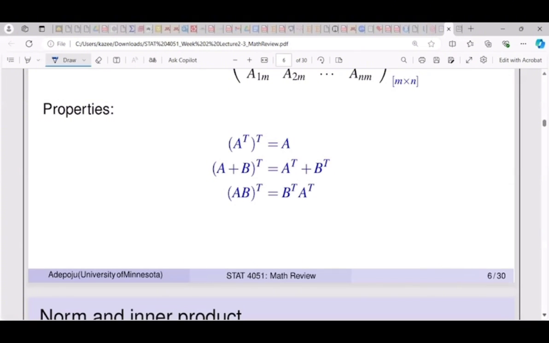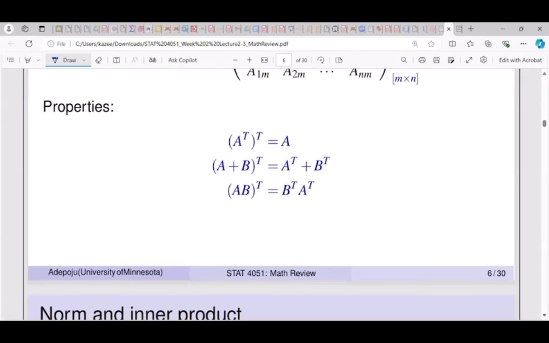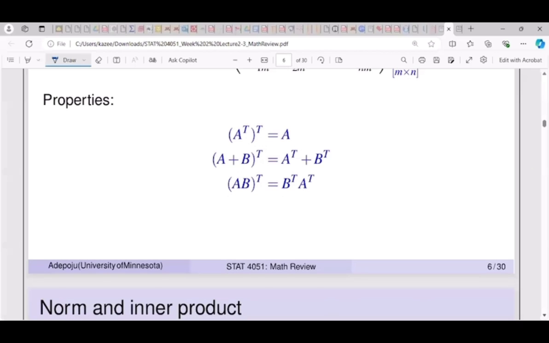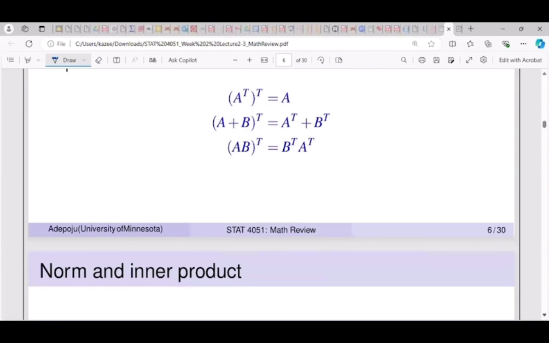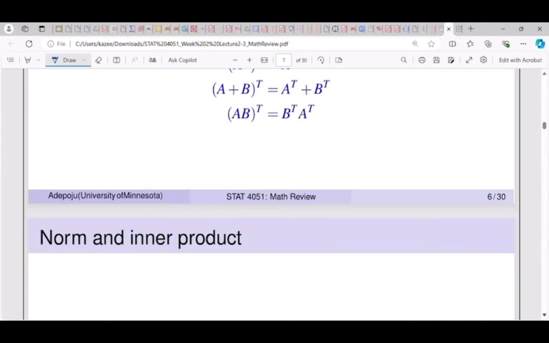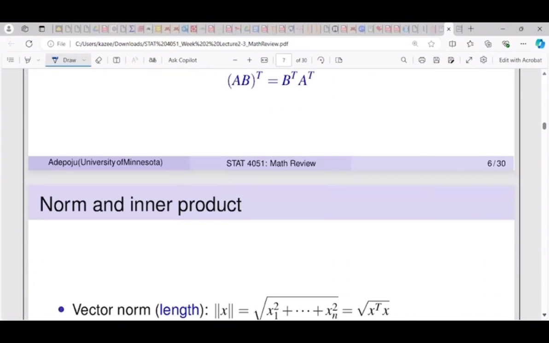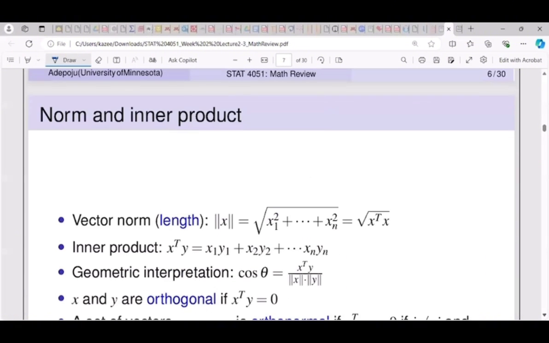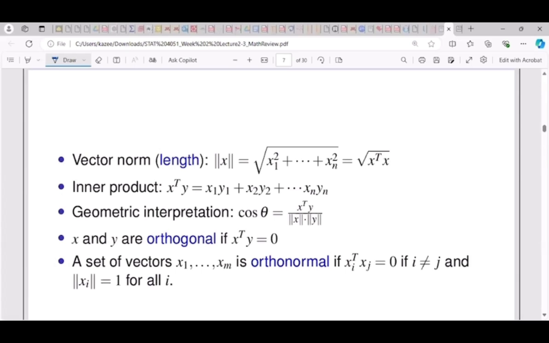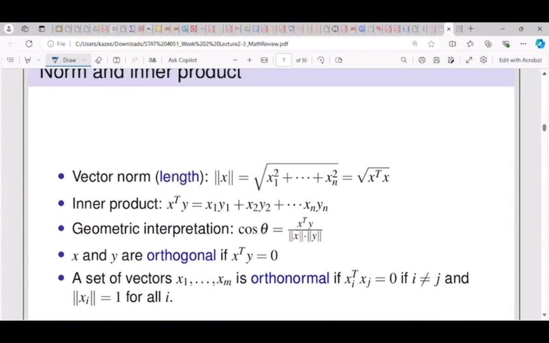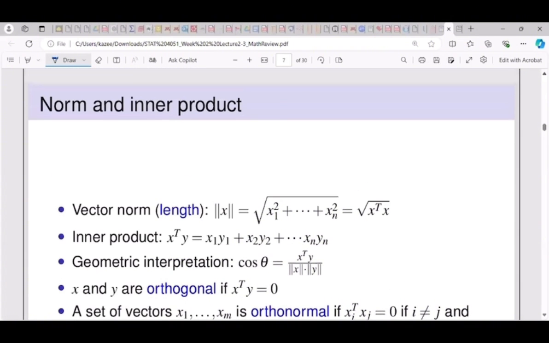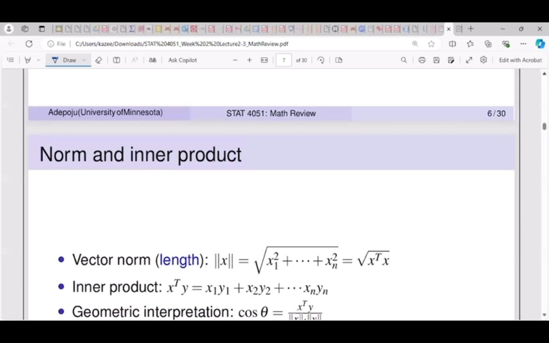Now we're moving gradually to something fantastic that I'm going to call norm and inner products. Now let me tell you this. What we want to do now is very, very crucial, not only to statistical analysis, but also to machine learning algorithms.